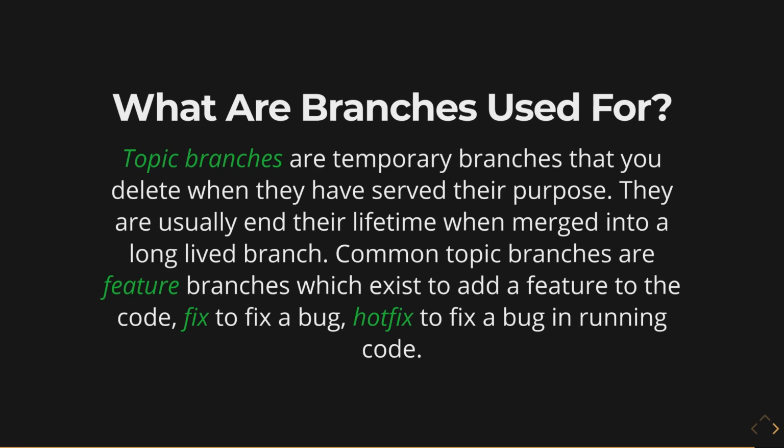You have to just quickly push out the fix so that your system is usable again. That's called a hot fix. A hot fix is basically a fix that is done directly to code in production. And you might want to create a hot fix branch and fold that straight into the master branch. Merge it into the master branch when you're done. So features and fixes and hot fixes, those are very common topic branches that you might see.